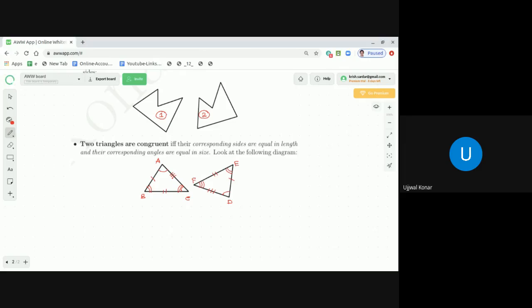Why are they said to be congruent? Because their corresponding sides are equal in length.